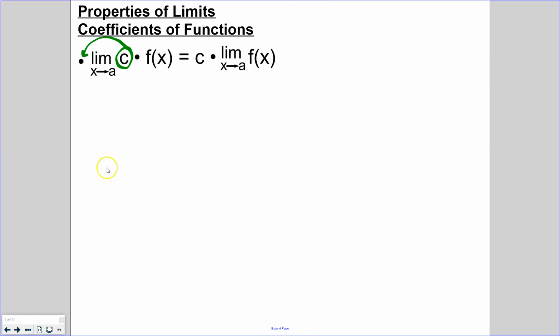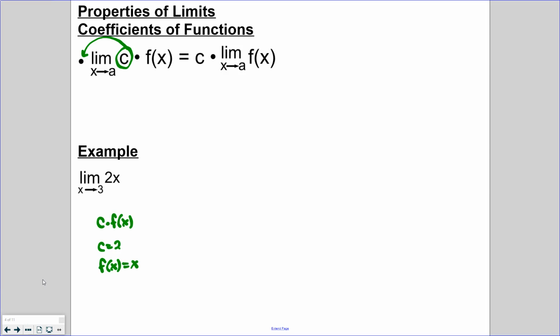Now let's look at an example of how that works. We're going to look at the limit as x approaches 3 of 2x. If we look at this 2x here, 2x is really c times f of x, where c will be 2 and f of x will be x.